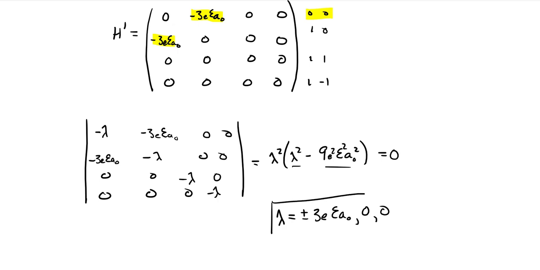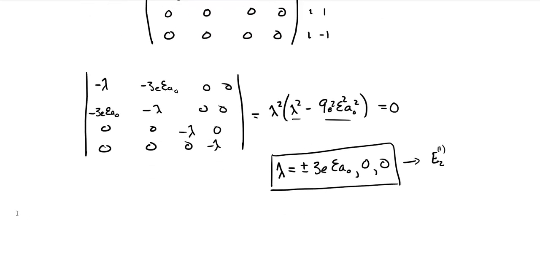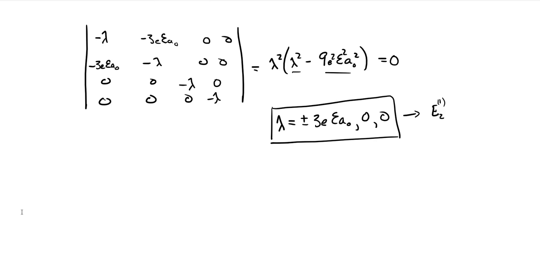When we diagonalize that, those end up being the corrections to our energy eigenstates in degenerate perturbation theory. The other thing that's great is we can also associate that these L equal 1 states are not perturbed.